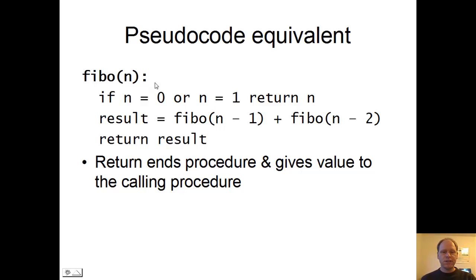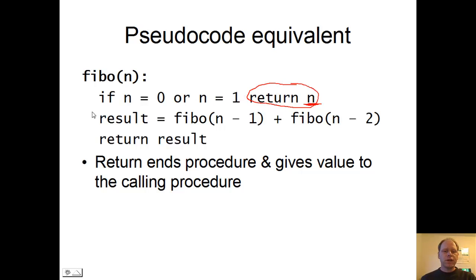So we can also take that together and return n. With return, I mean that the procedure stops and it gives what is written behind return, in this case n, back as result to the procedure that called this procedure. So the result of calling Fibo with 0 or 1 is 0 or 1 respectively.